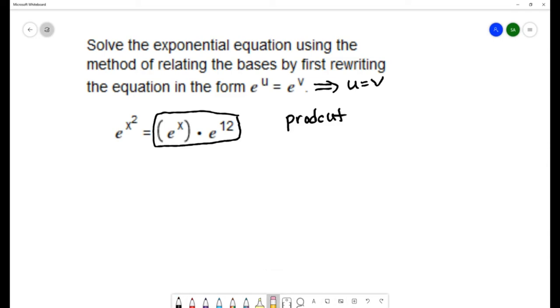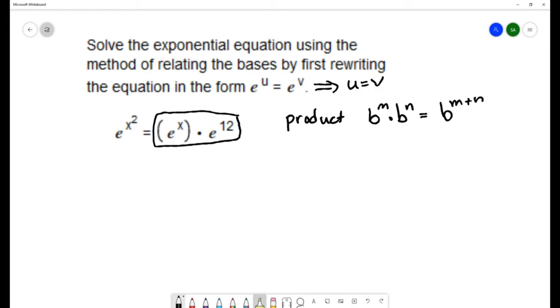The product rule for exponents looks something like this. If we have b to the m times b to the n, we're going to be able to simplify this to be b to the m plus n.